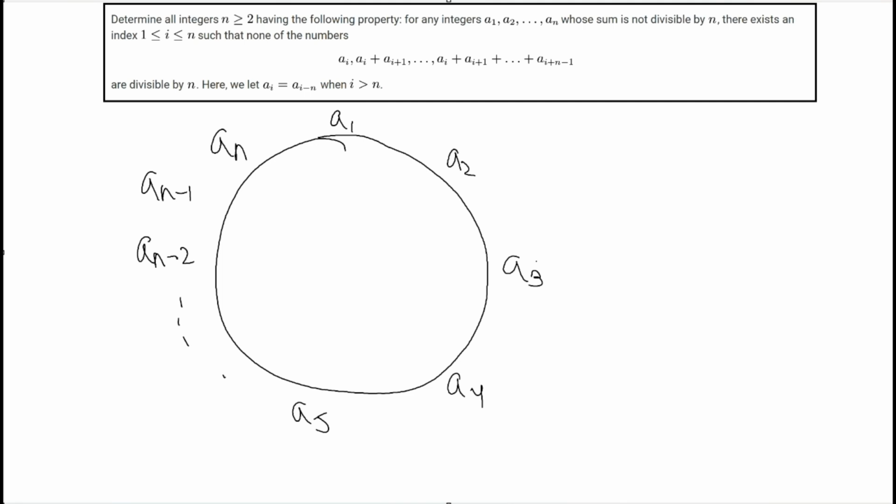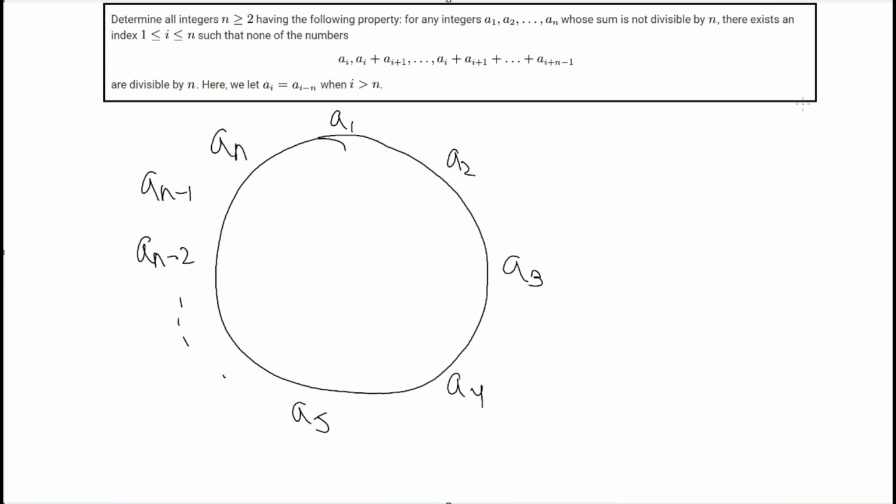So how do we use this idea? Well, now we have to use a condition in the problem that we haven't used yet, because we can't just continue going around in circular arcs like this. And the only part of the problem that we haven't used is that the sum is not divisible by n. So how can we use this?